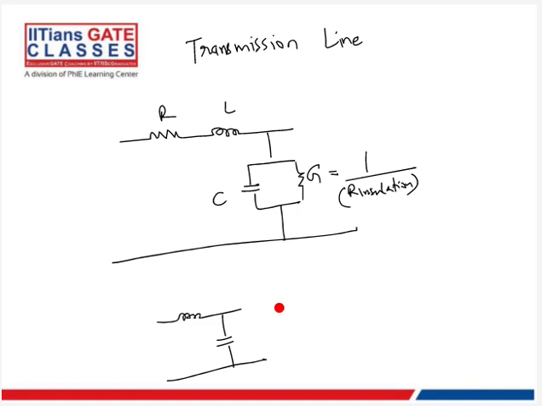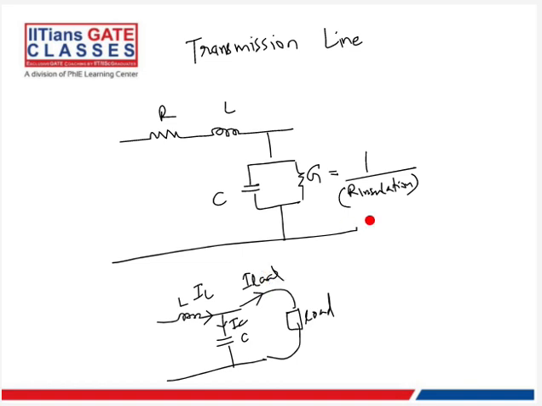Okay, so if you see this, let's simplify this into the circuit. This is the load, this is L, this is C. We have IL flowing like this, and we have IC, and we have I load, right?